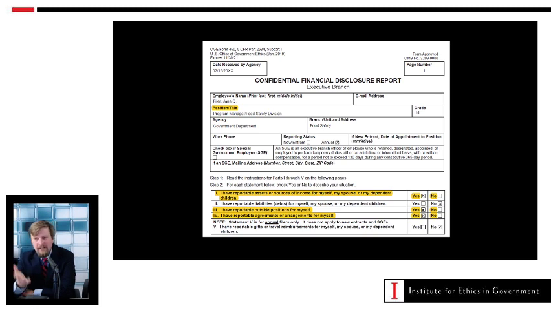We have some information here that's important for us to have. We see it's an annual report. We have the name, position, title, grade, etc. And then we have these boxes down on the lower part of the first page, the review statements. And this is the first kind of audit point on these forms, which is to see if there's coherence between the blocks they have checked on the first page and the things that are attached to the first page.